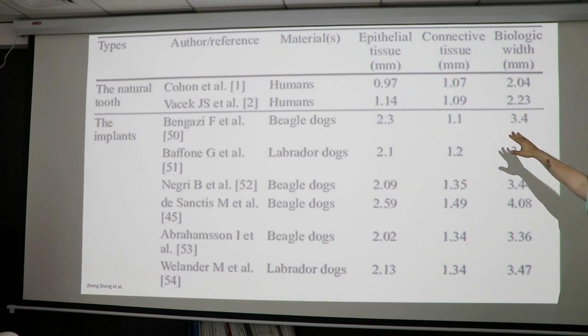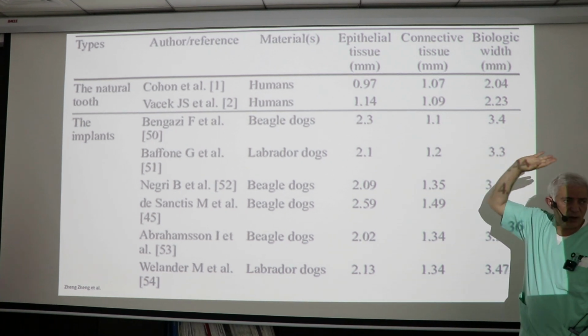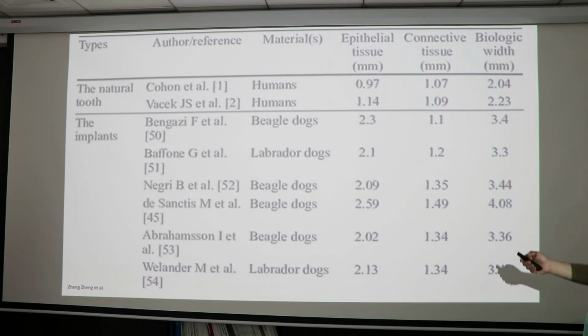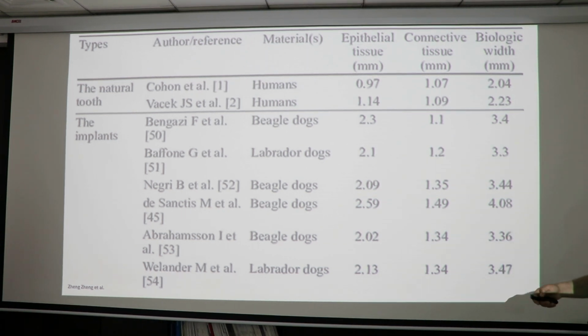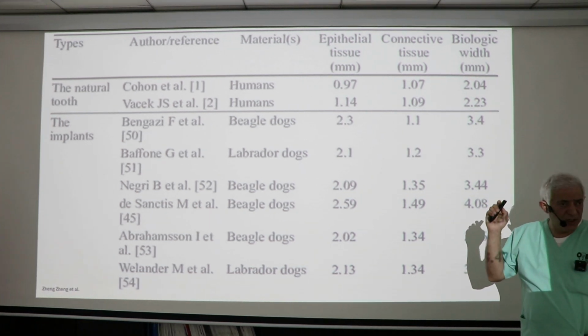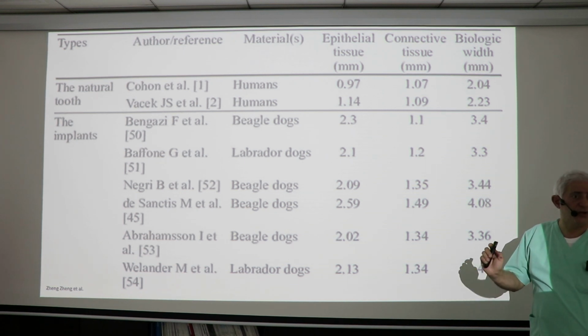The connective tissue is around 1, and when we leave 1.5, we are sure we are not disturbing the connective tissue. Okay? So this is fixed. We don't have to keep changing it for thick phenotype, thin phenotype. The connective tissue is fixed. That's why we need to leave this connective tissue 1.5 undisturbed.